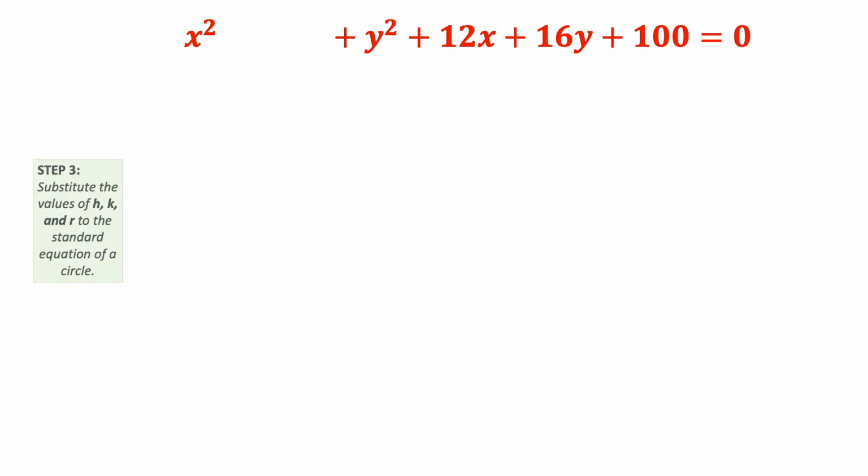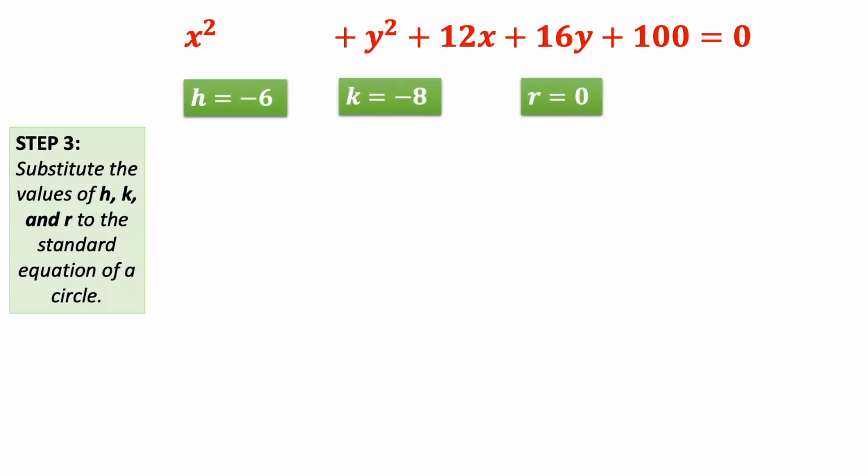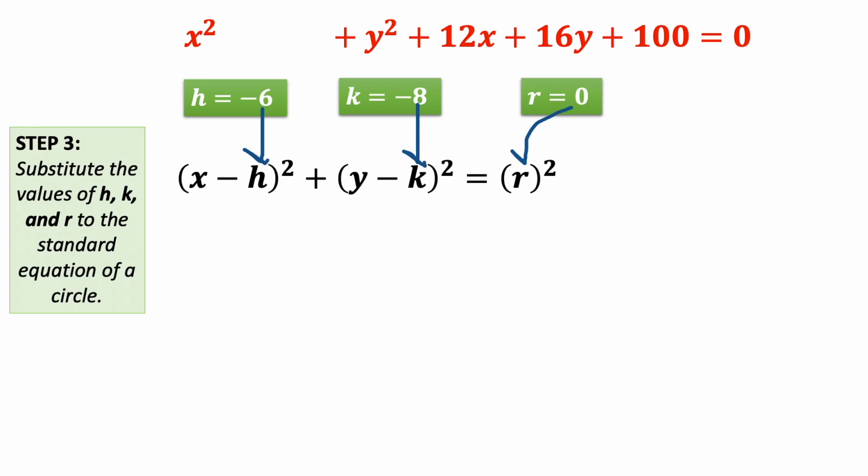All we need to do in step number 3 is to plug in the numerical values of h, k, and r to the given standard equation of a circle denoted by quantity x minus h squared plus quantity y minus k squared equals quantity r squared.